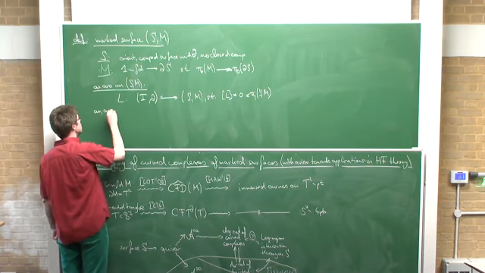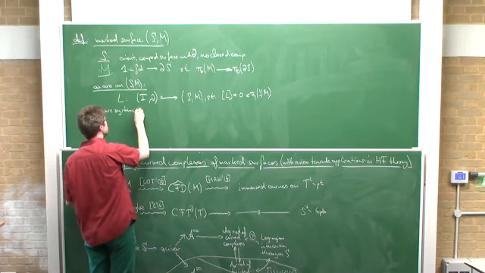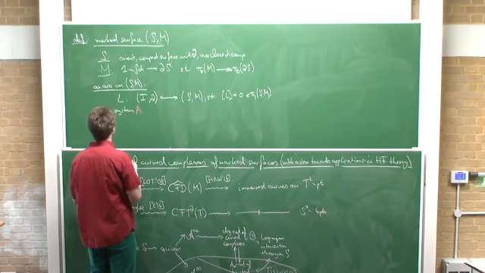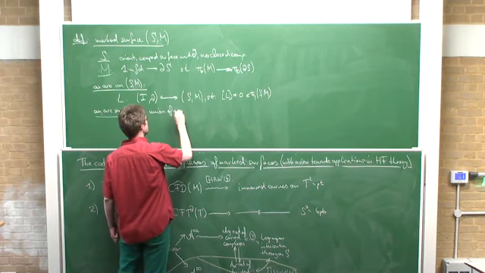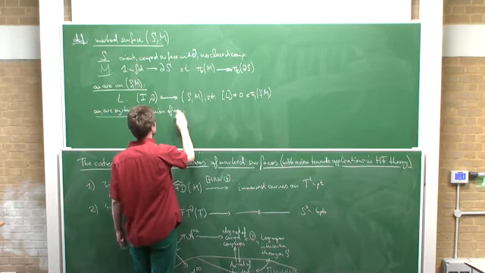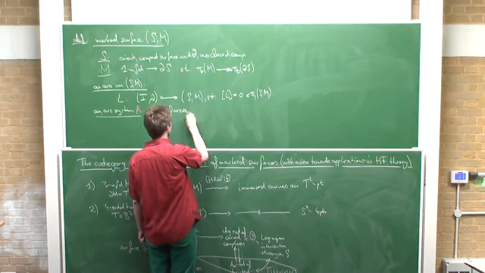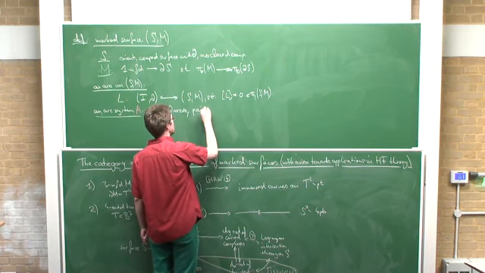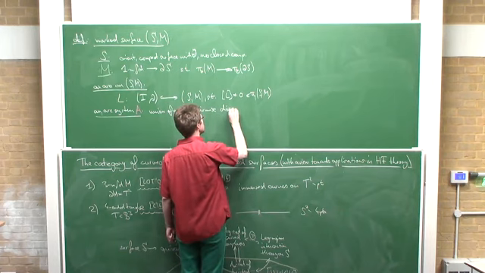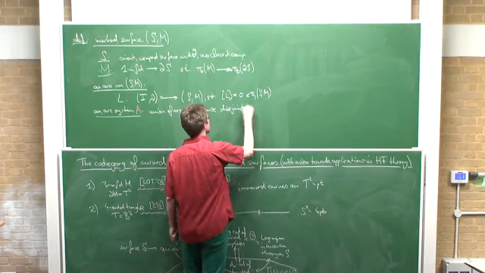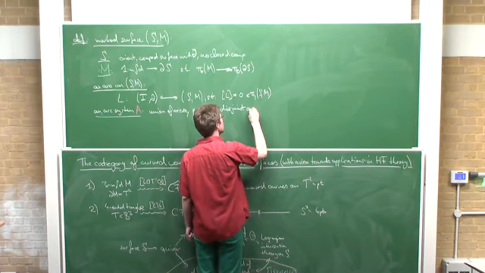Okay, and finally, an arc system. What is that? That's just a union of arcs which are pairwise disjoint, and that are pairwise non-isotopic.